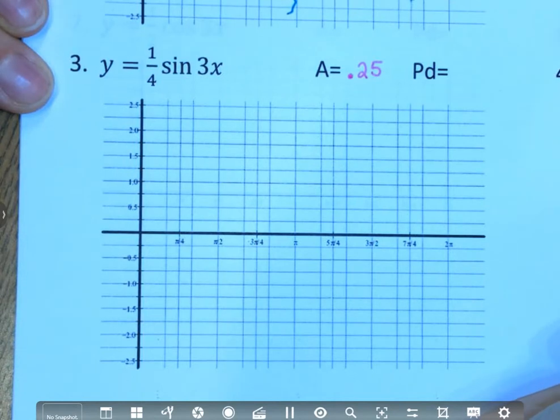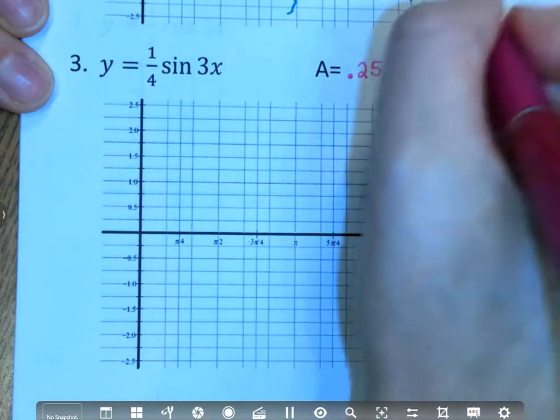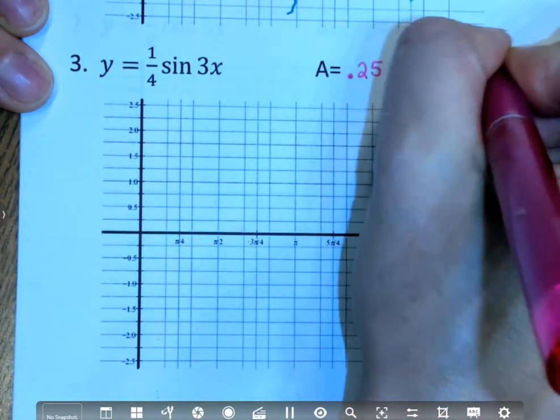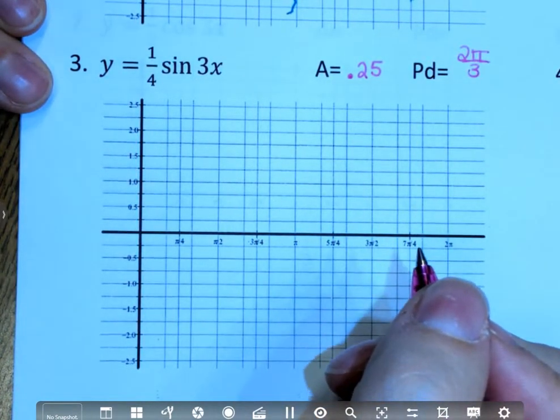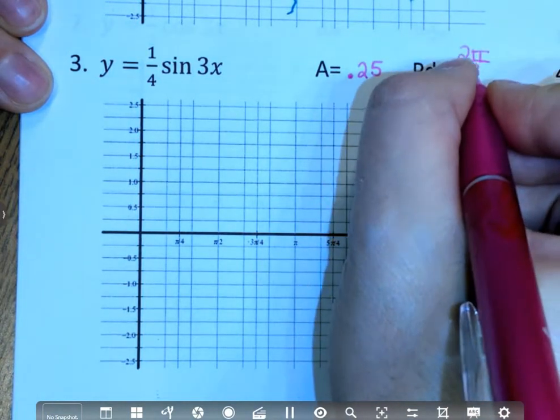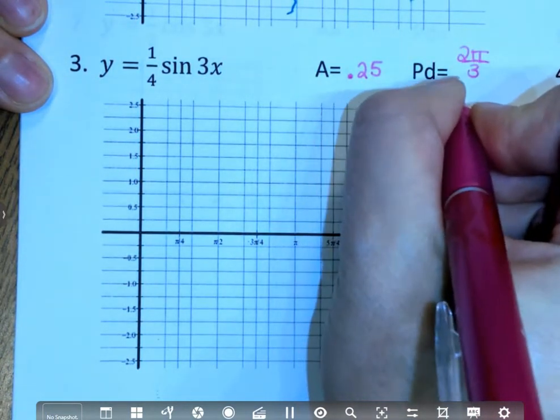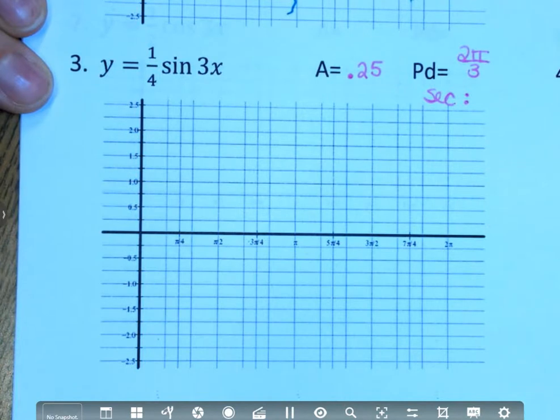What is my period going to be with this? 2 pi over 3. Like I said, I can mess with your numbers, and that's what makes this difficult. If my period is 2 pi over 3, each section, how do I go from a period to a section?